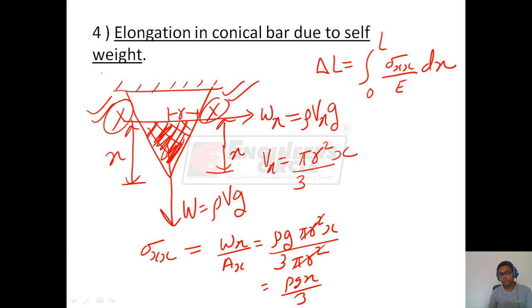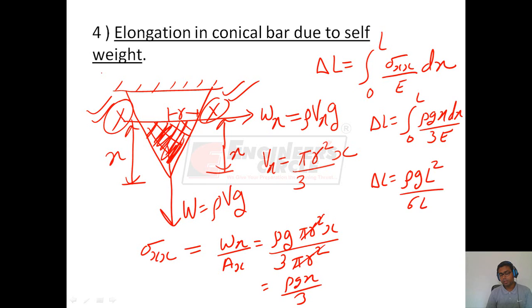Putting this value of sigma xx in the elongation formula, we get rho g x dx by 3E. Assuming the material to be homogeneous, E will be constant, rho will be constant. Taking them out, we get rho g L square by 6E.